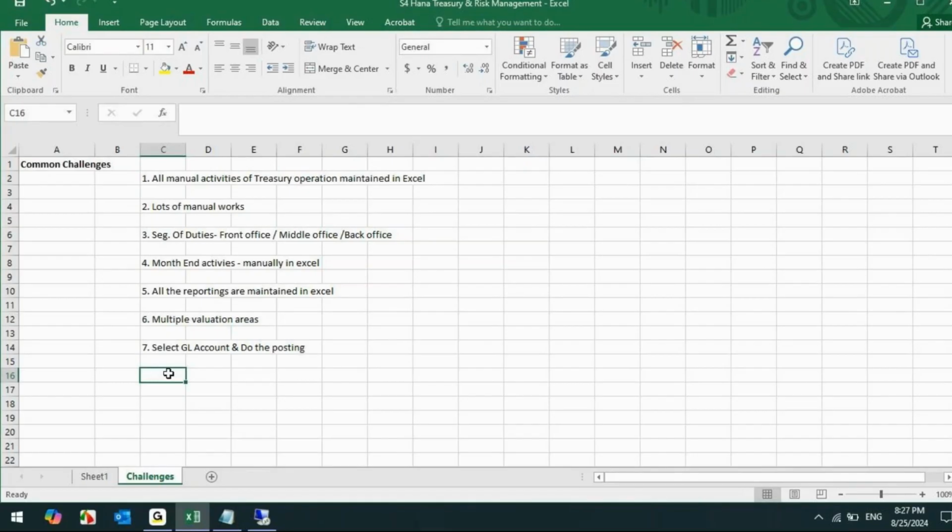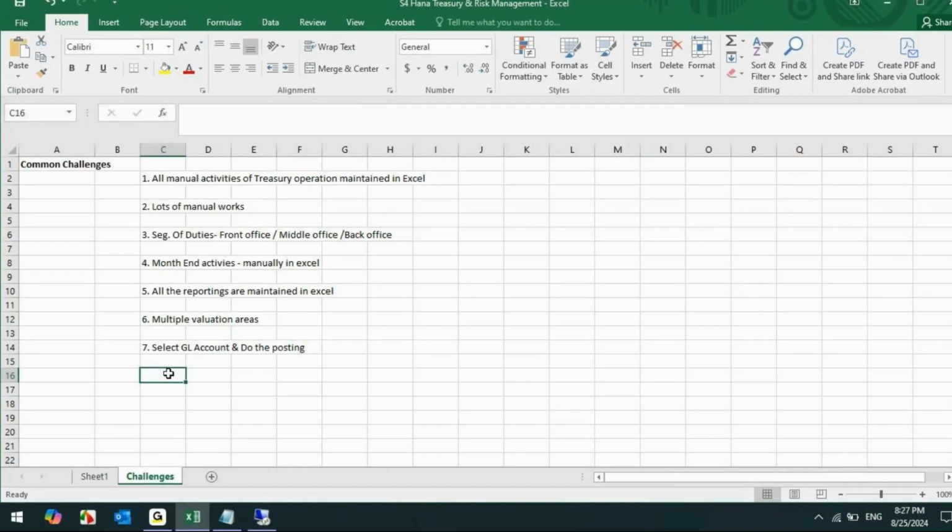What is the start date? What is the end date? What is the rate of interest? Whether it's simple interest or compound interest, what is the effective interest rate, what are the month-end accruals to be performed? These are many activities which cannot be done automatically.